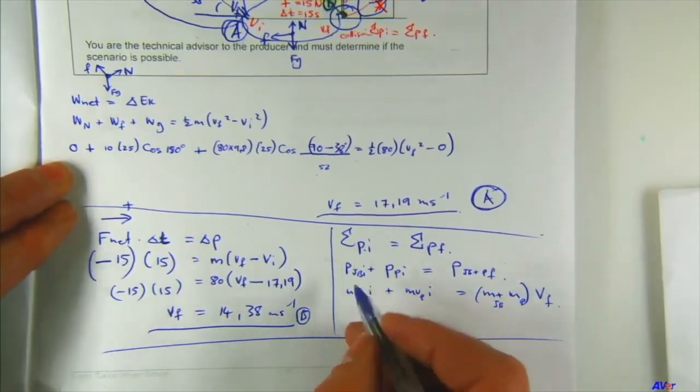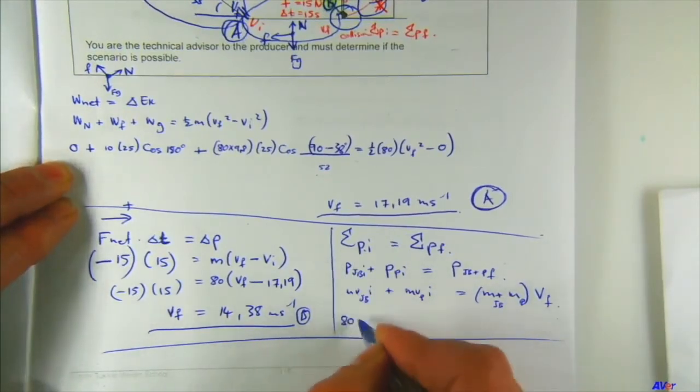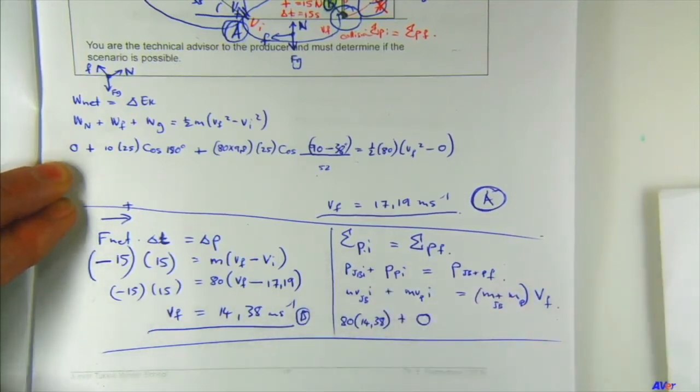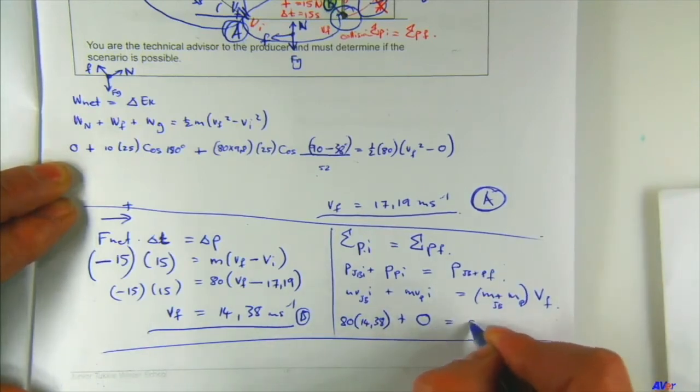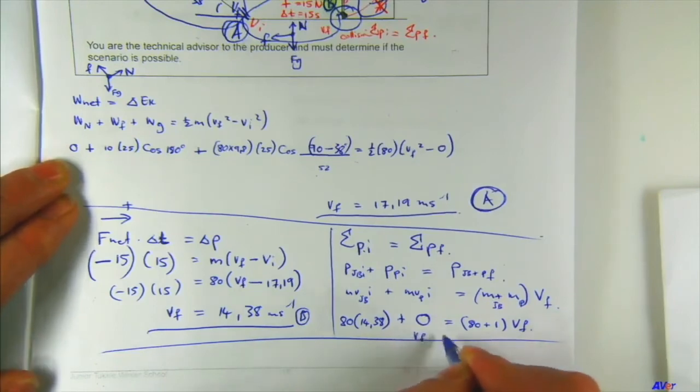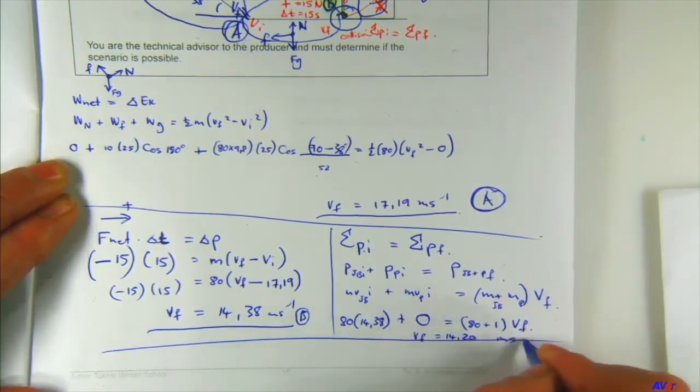So, James Bond, mass 80, and he was traveling at 14,38. The parcel is standing still, so it's got zero momentum. Right? And afterwards, you've got James Bond plus parcel, and they're moving at the same velocity. And then you have to work out that velocity, and that is 14,20 meters per second.